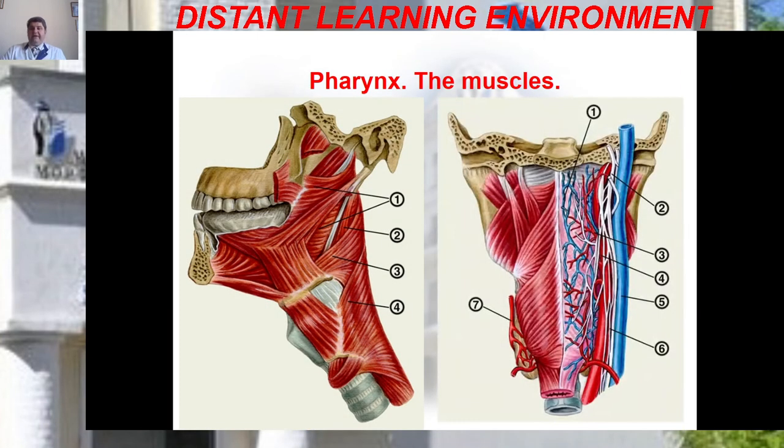Which form the lateral and posterior wall. You may see superior constrictor, middle constrictor, and inferior constrictor.